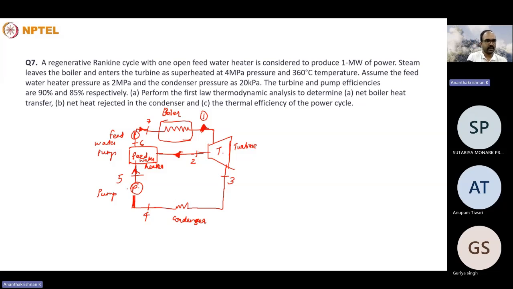This is just the way a problem can be solved of the Rankine cycle. The realistic nature of the values can be compromised in this problem. Just look at the way the problem is solved. That is more important.